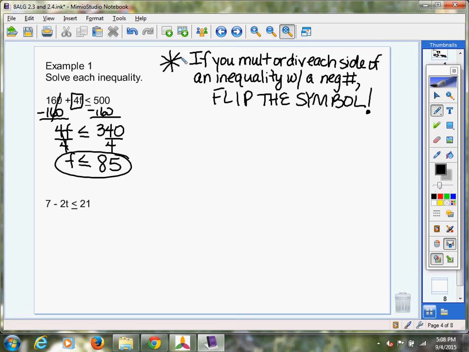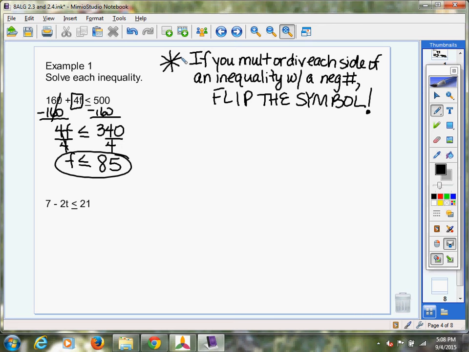All right, we have 7 minus 2t is less than or equal to 21. Now, some of you are still pretty concerned about your signs. You're just not real confident in them yet. For those of you that do see it, 7 is positive, but the 2t is technically negative. 21 is positive.